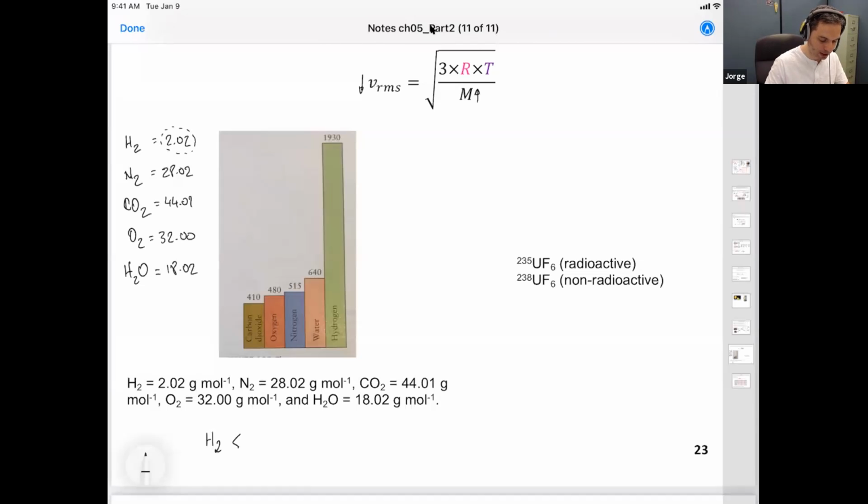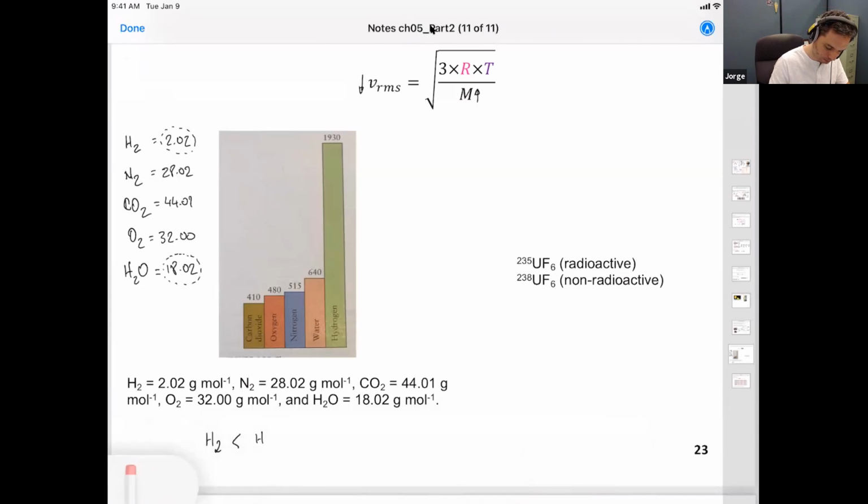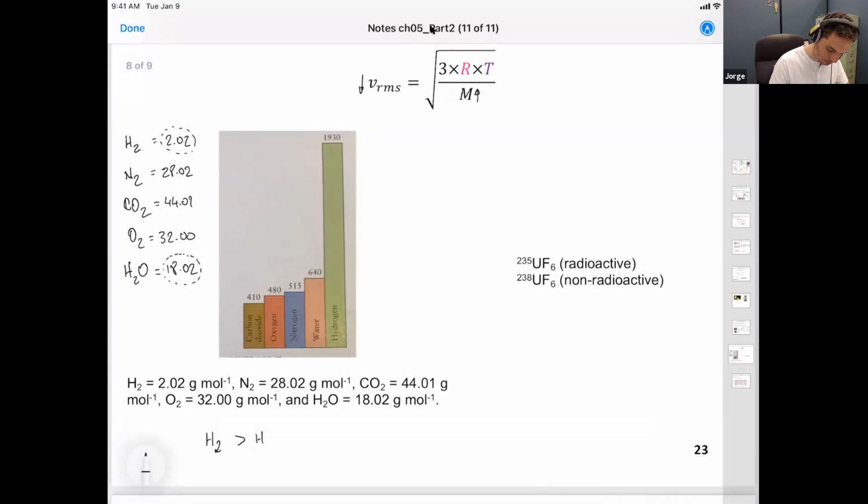In second place, we have water. In the third place of this race, we will get the nitrogen.